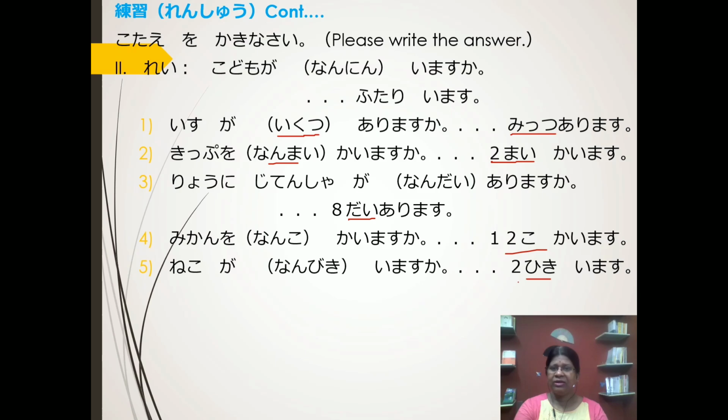Here ni hiki, so the counter is hiki, but the question is nan biki. We already learned these things in this lesson just now. So nan biki is for small animals. Hope you understand how to use the interrogative words when you make a question sentence.